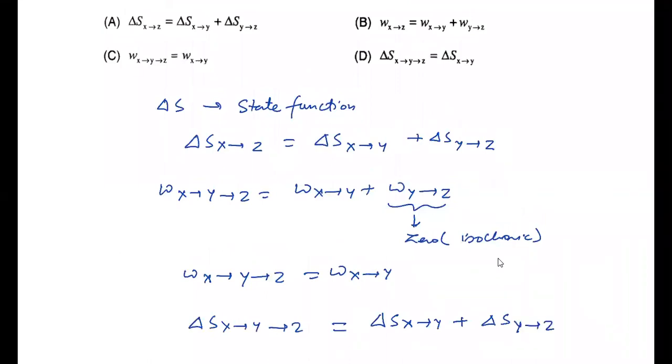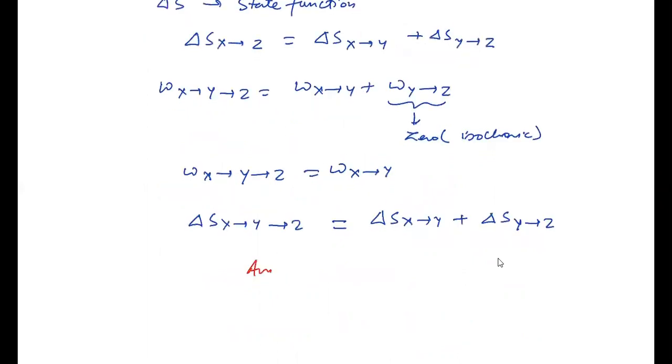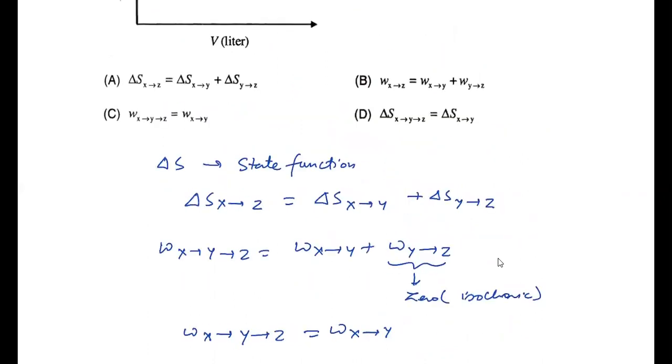In the first case, the initial state is X and the final state is Z. In the second case, the initial state is X and the final state is Y. So that value is not the same. So with respect to options, A and C are correct. Option D becomes incorrect. D is a path function, and in case of D, it is simply addition. Initial and final states are different, so the entropy change cannot be the same.